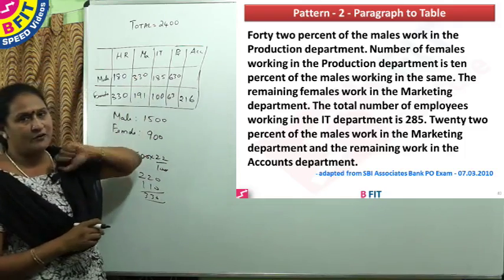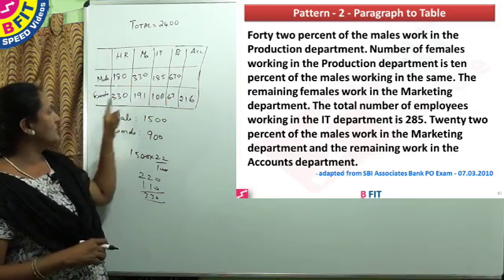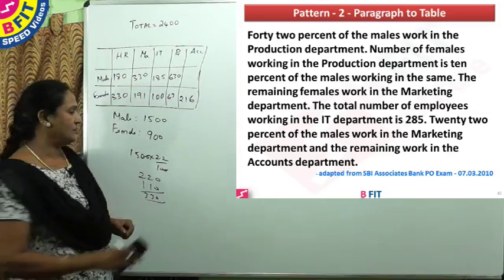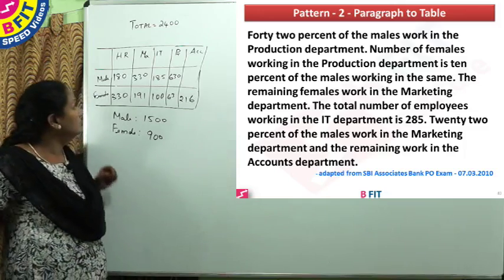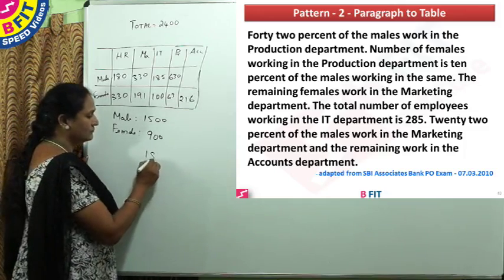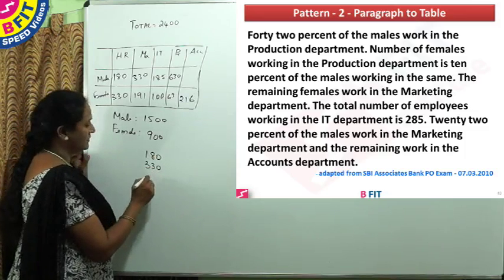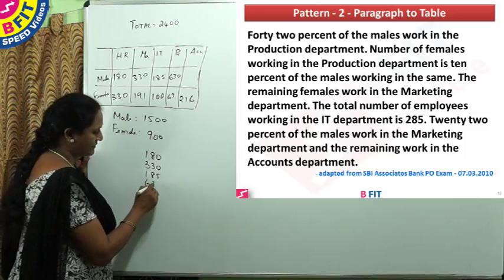And how to find the number of male in accounts? Add all the values and subtract from 1500. So you get the number of male in accounts department. So 180, 330, 185 and 630.